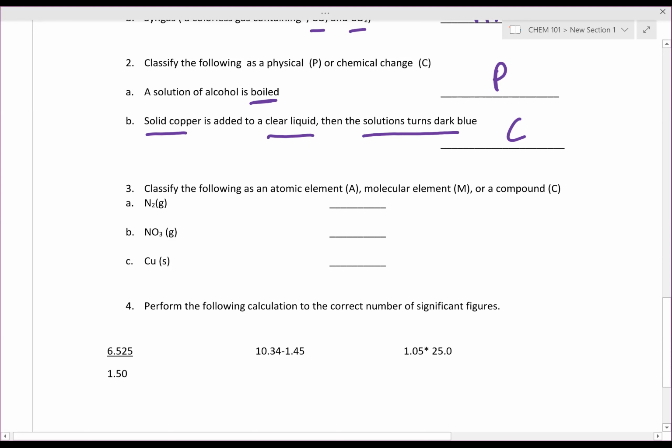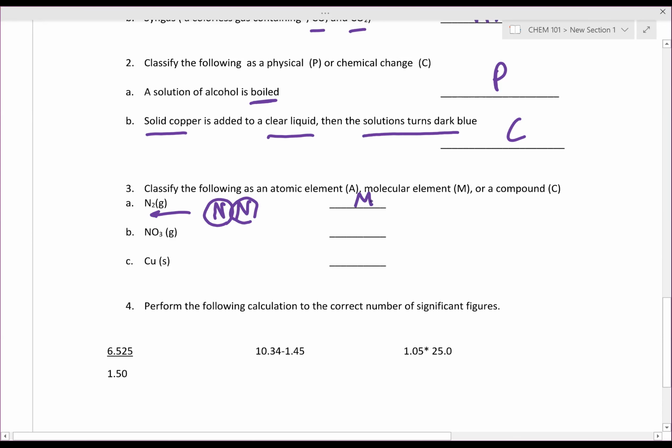So it's an element. Now the next question is, do we see two or more atoms? Is it atomic or molecular? Molecular. Yep, we see N2, so we have two nitrogen atoms, and if we have two or more atoms, that is a molecular element. So we'd classify this as a molecular element.